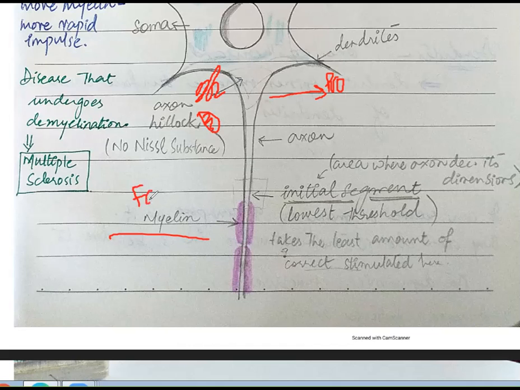Myelin sheath is basically made up of fat. It is white in color. This myelin sheath is present over here to protect the flow of impulses, so that the impulse coming goes straight. It does not jump out.